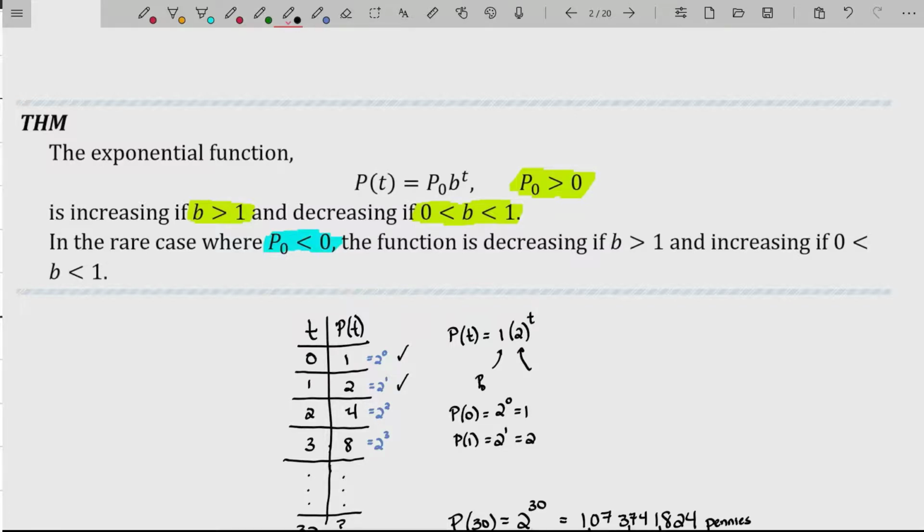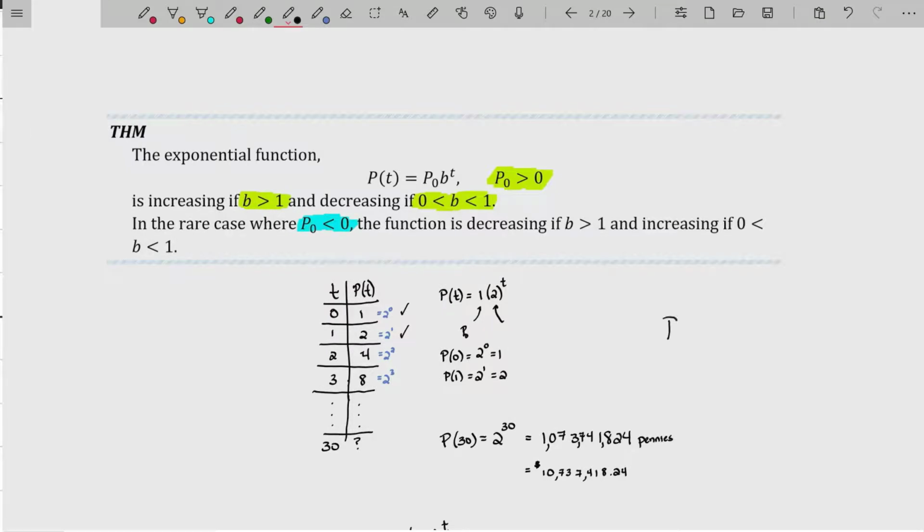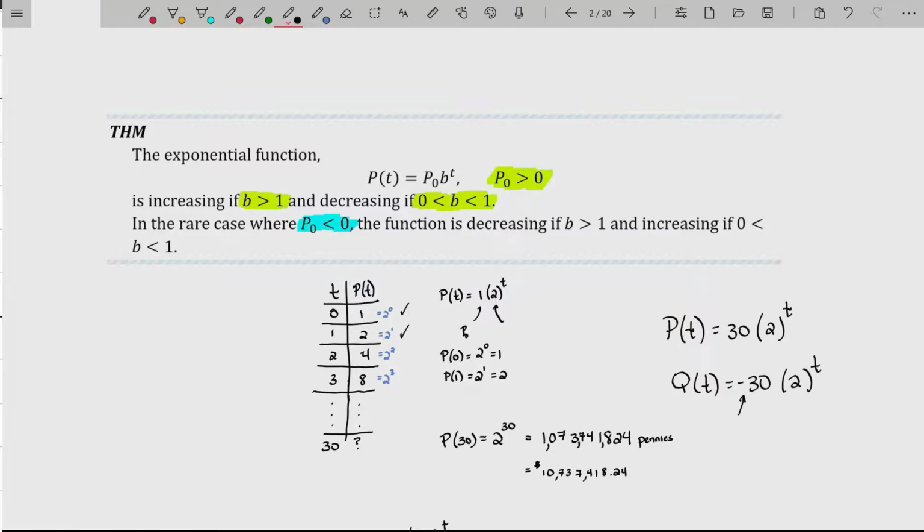So if I tell you that instead of dealing with a population function where you started with 30 million, 30 people, 30 bugs, 30 bacteria, I don't care what it is, but if you started with 30 and it was doubling every day, and then later on I say, oops, sorry, I need you to deal with this other model and it looks like this, then you know that negative on that coefficient is just going to flip the graph about the horizontal axis, which in this case is the t-axis.